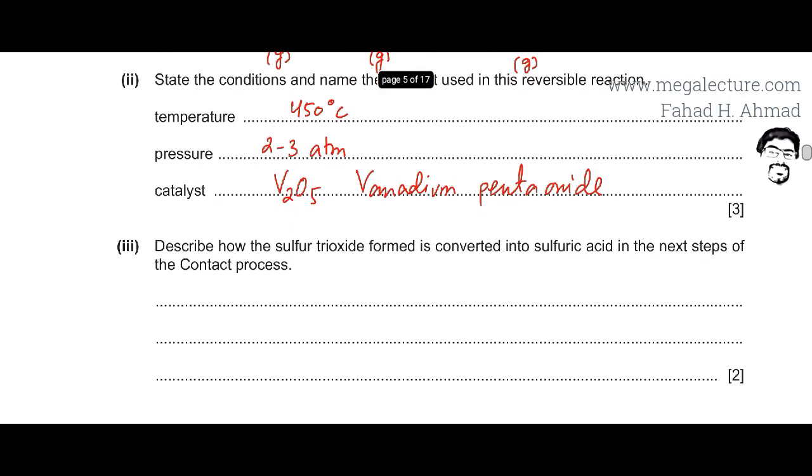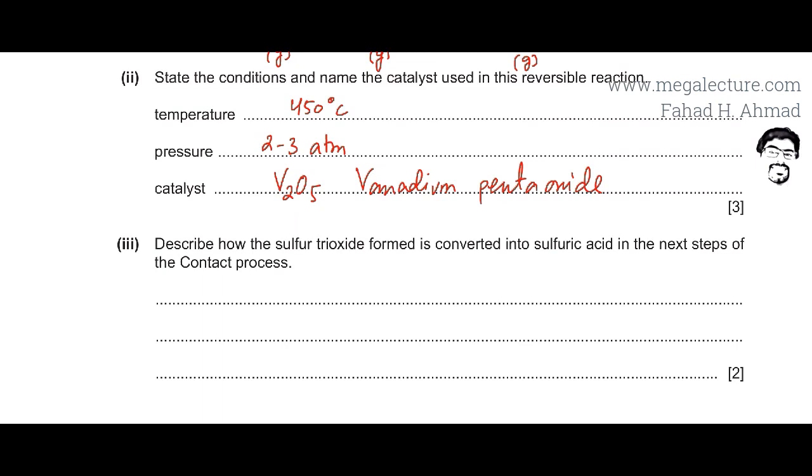And then you have the third part. Once SO3 is formed, describe how the sulfur trioxide formed is converted into sulfuric acid in the next steps of the contact process. Once SO3 is formed, it is mixed with concentrated H2SO4, and it ends up forming oleum, which is H2S2O7.